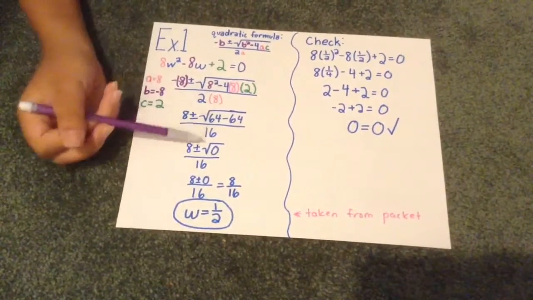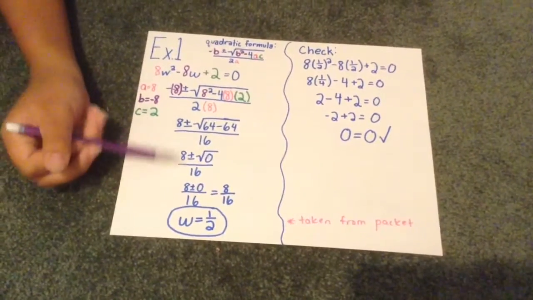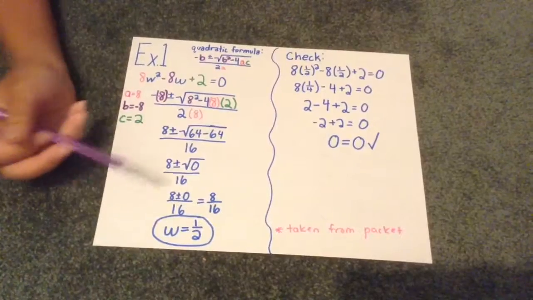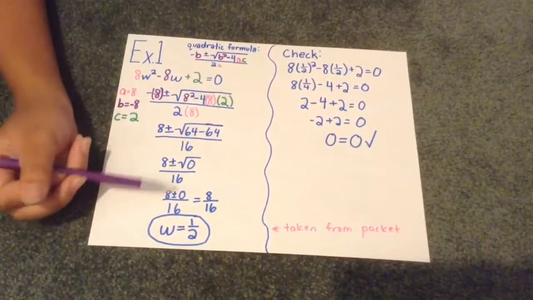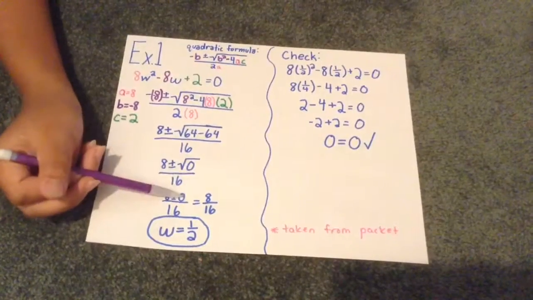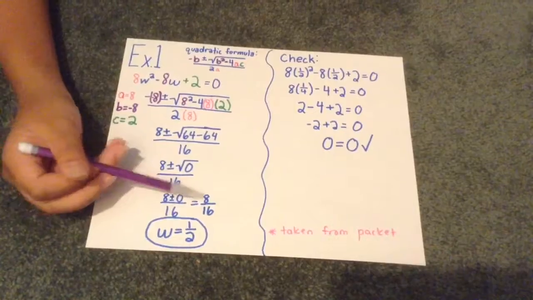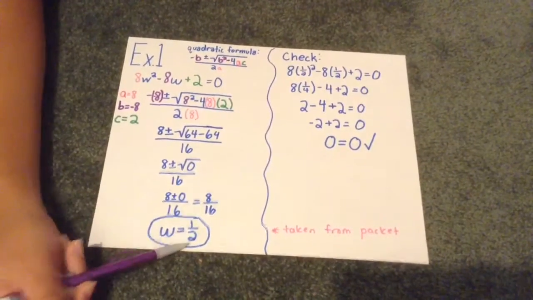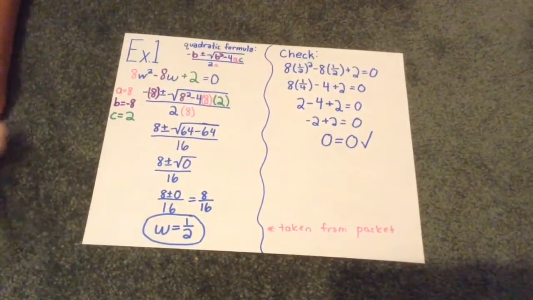And 2 times 8 equals 16. So 8 plus or minus the square root of 0, because 64 minus 64 equals 0, over 16. So 8 plus or minus 0 over 16, which is essentially just 8 over 16, which can be simplified into 1/2. So w equals 1/2.